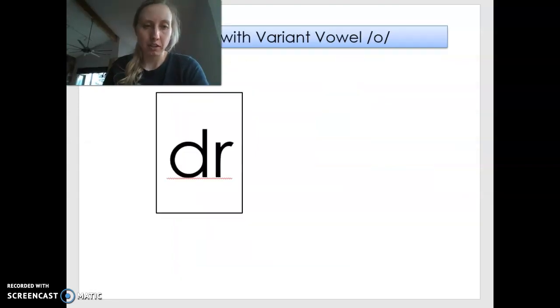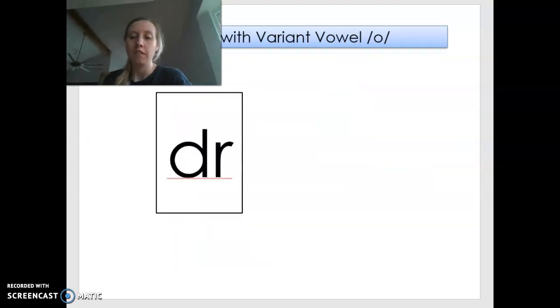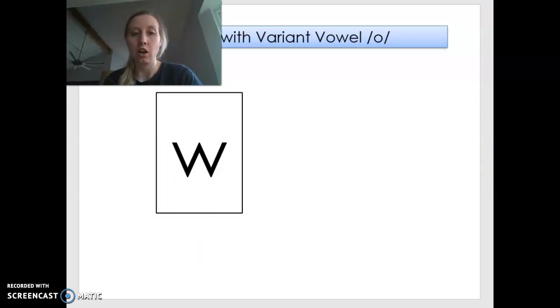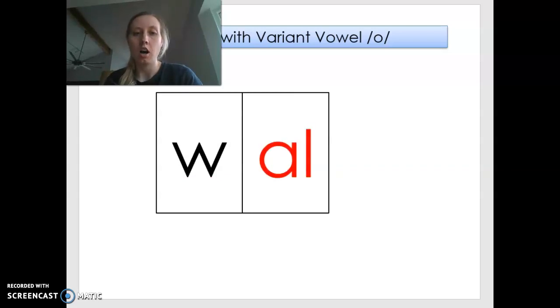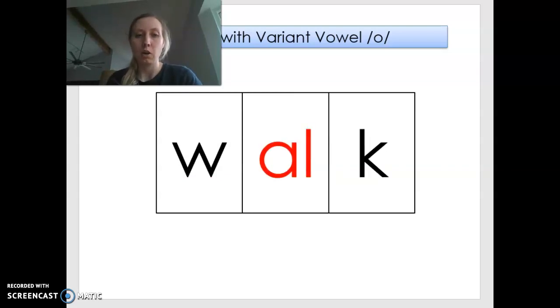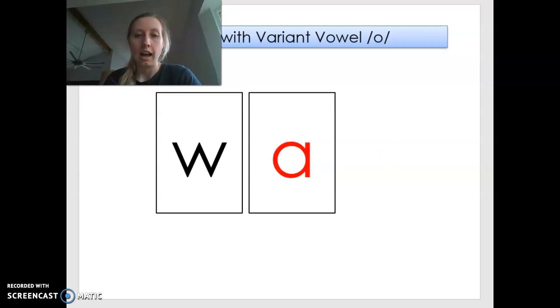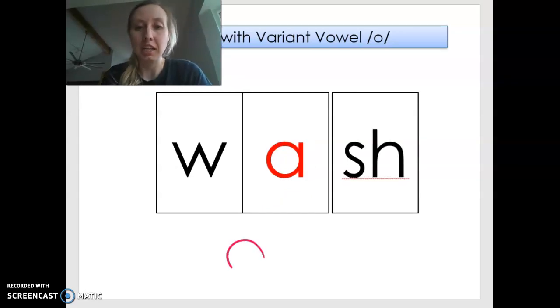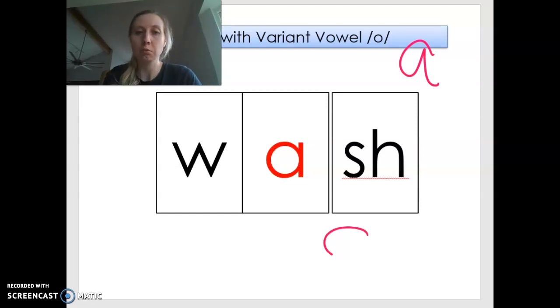So let's blend some of these. Remember, we're working on variants of ah, which is the ah sound. Blend. Dr, ah. The word is draw. W, ak. The word is walk. W, ah. This is ah as well. Wash. So sometimes a by itself can say ah, because we don't say wash, we say wash.